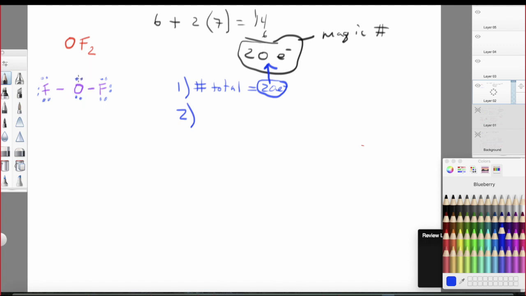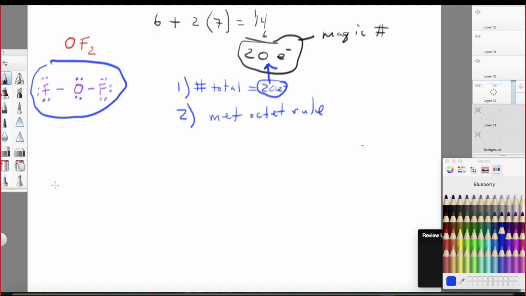So the central atom is 2, 4, 6, 8. Oxygen's good. The fluorine's 2, 4, 6, 8, and 2, 4, 6, 8. So we have met octet rule. This structure is dandy.